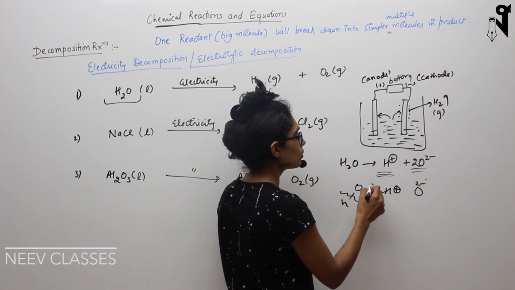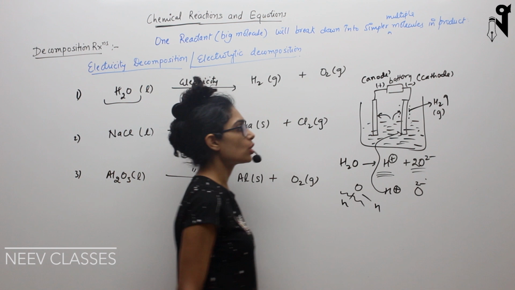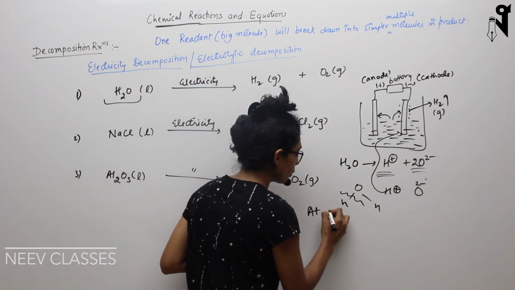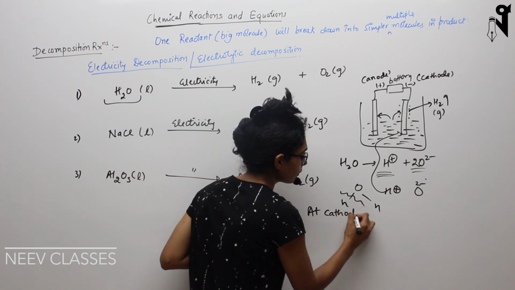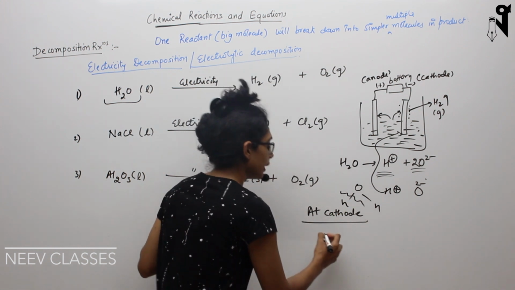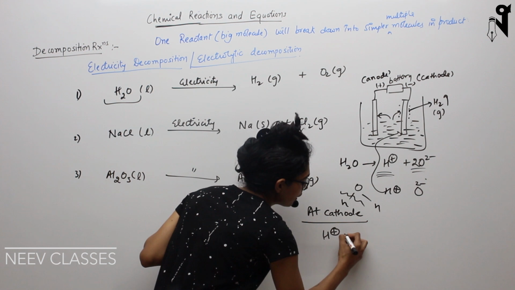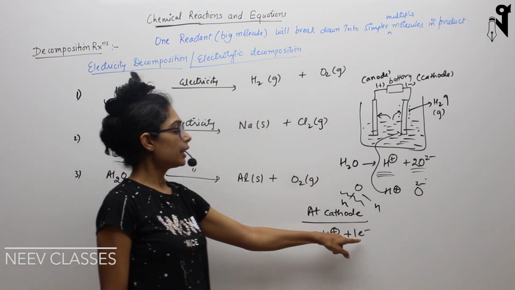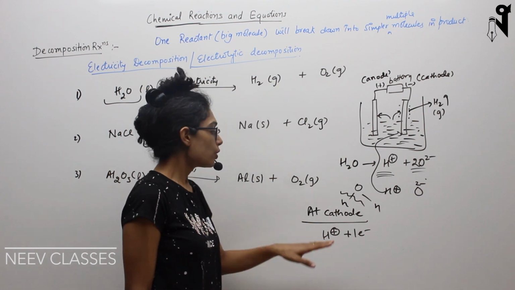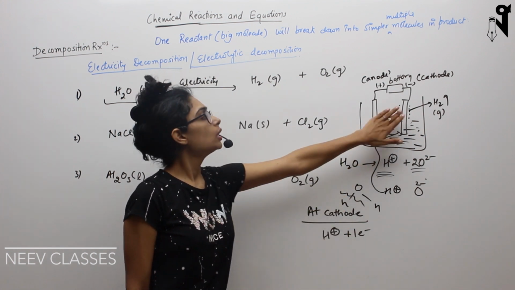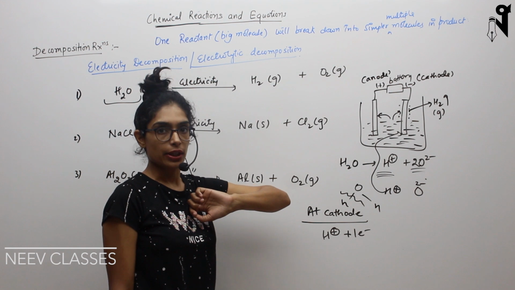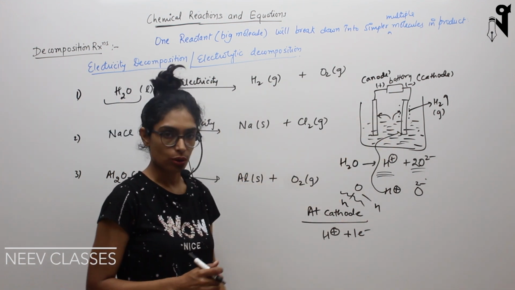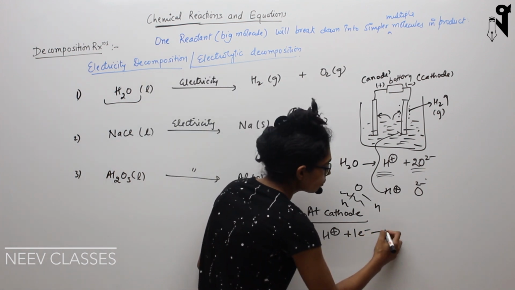This hydrogen will go to the electrode which is negatively charged, and will take the electron from there. So at the cathode, H plus will go to the cathode and ask for an electron. One e minus is nothing else but an electron. This will be an electron-rich electrode, and it will give an electron to hydrogen.